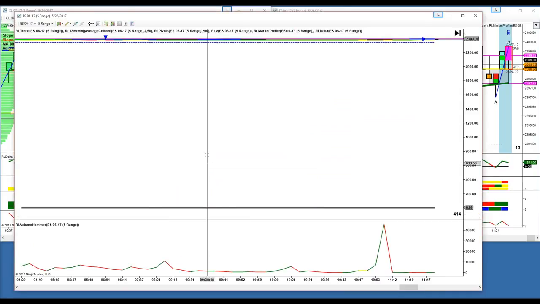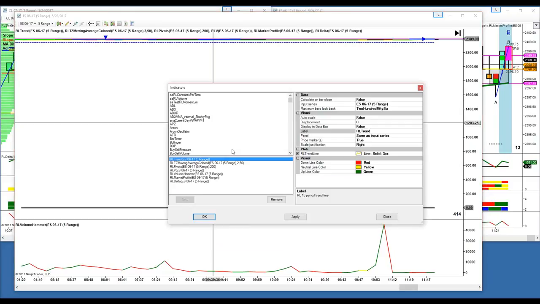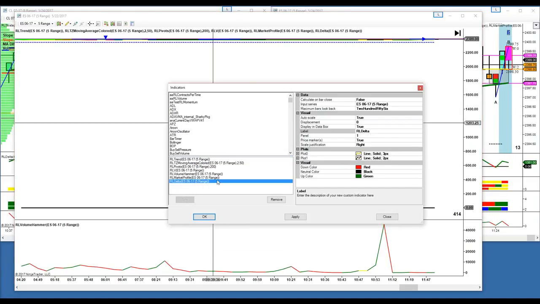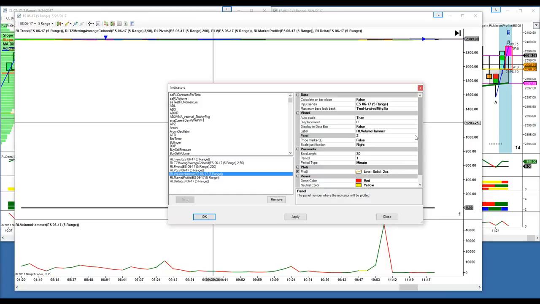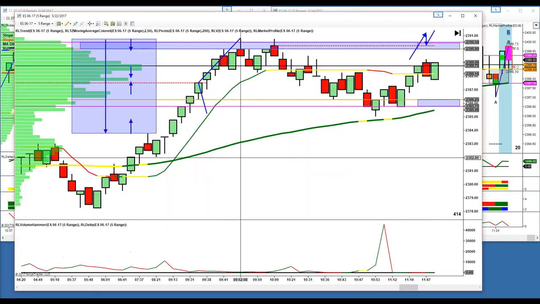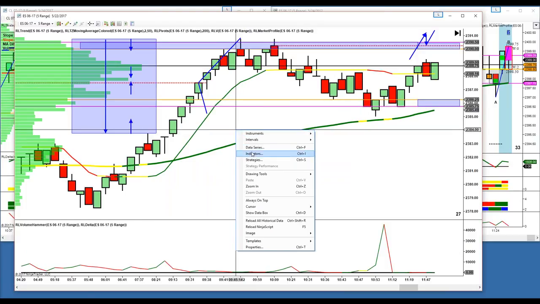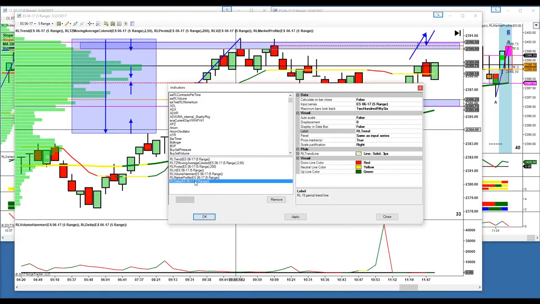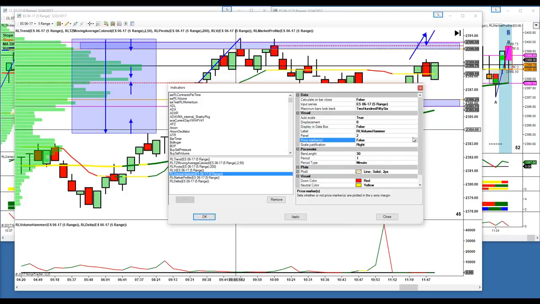The delta is really a nice addition. Obviously, it's in the wrong place. So the delta has got to go into 2, and the volume hammer has to go in the new. Oh, I have to do this again. This is just an inconvenience. So now the delta goes in 2, and the volume hammer is going to go in 3, in the new panel.